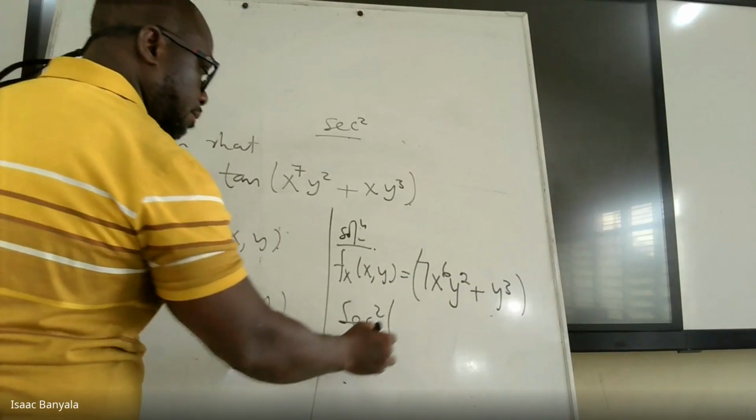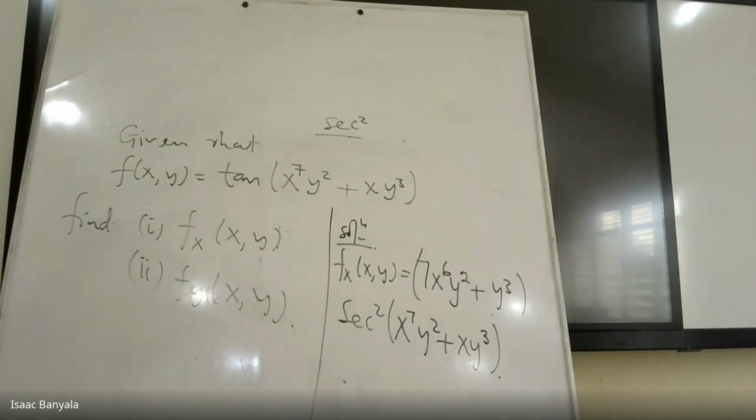Then sec squared of (x exponent 7 y squared plus x y cubed). Very good. So that's correct. Very good.